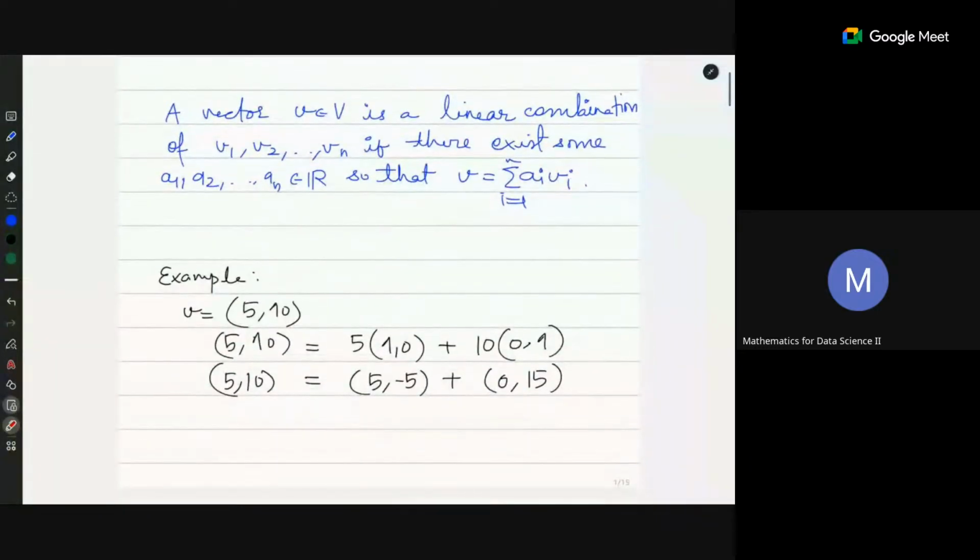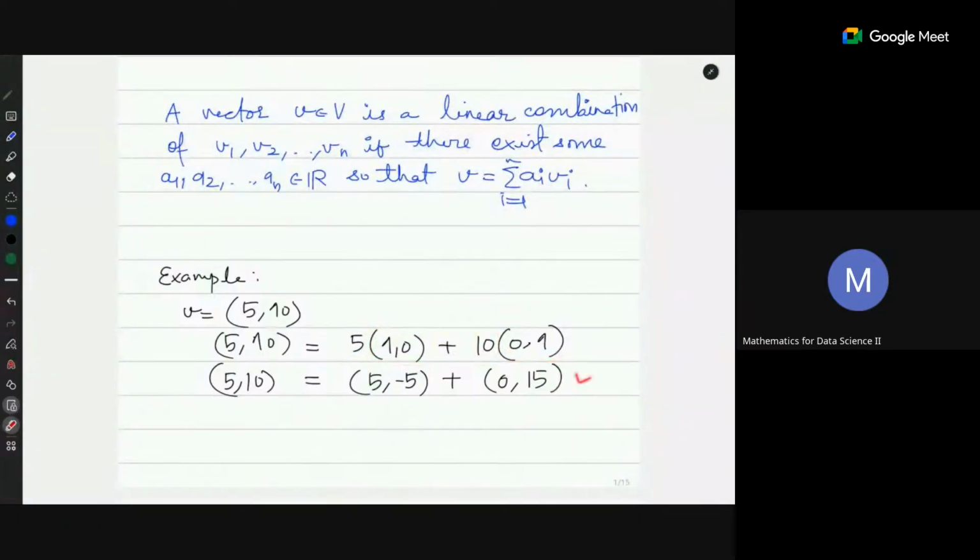This vector in R2, my vector space is R2, can be written as a linear combination of (1, 0) and (0, 1). The coefficients are precisely 5 and 10.